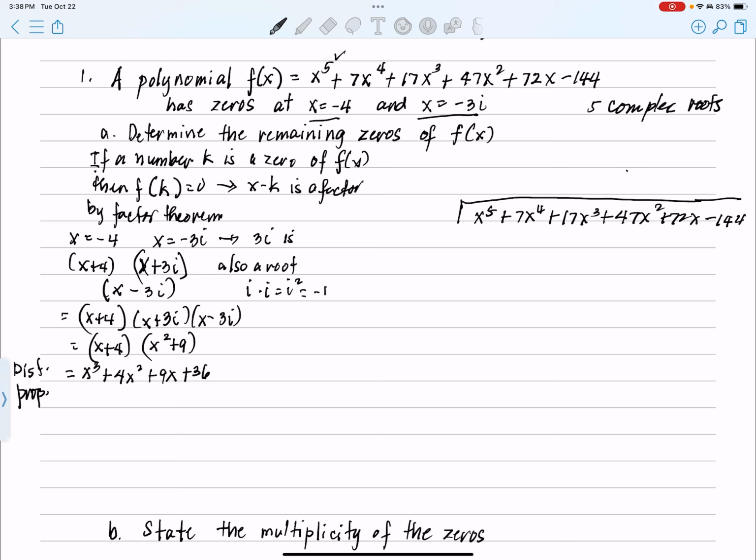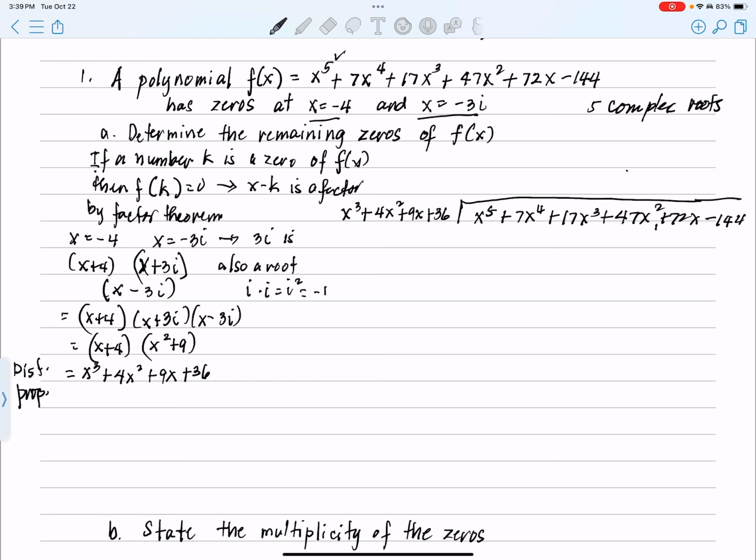And then divided by what we come out of the product of the three factors. We have x cubed plus 4x squared plus 9x plus 36. Okay, we have 4 terms as our divisor, and we're going to use 4 terms first in our dividend here.